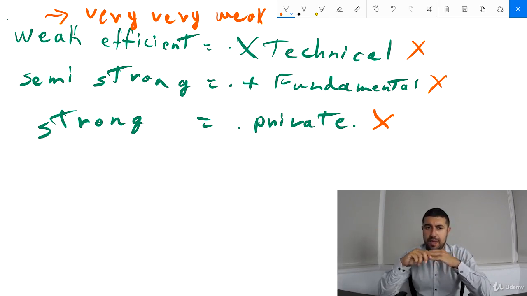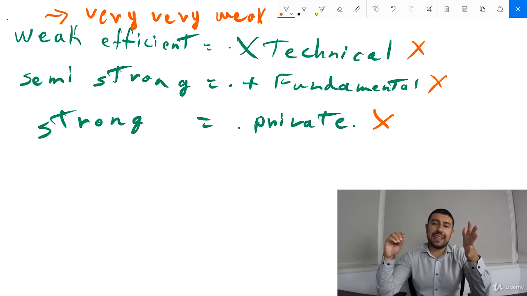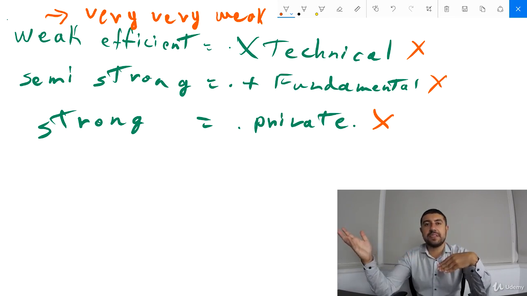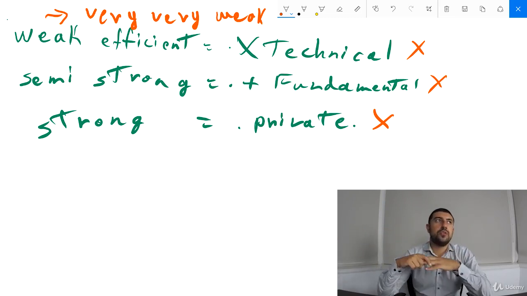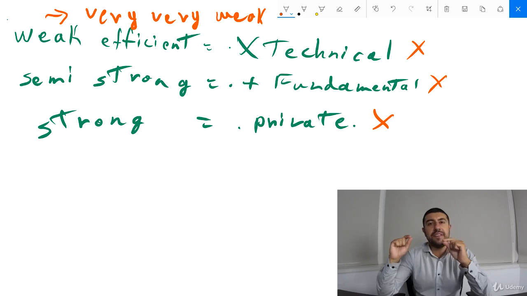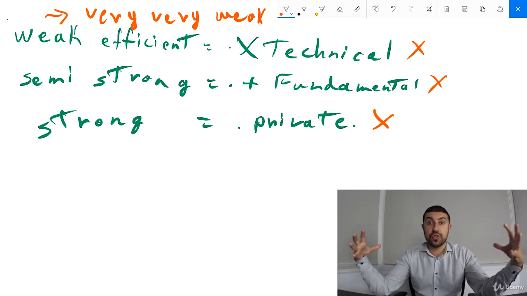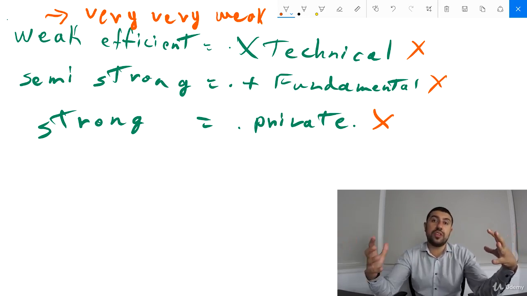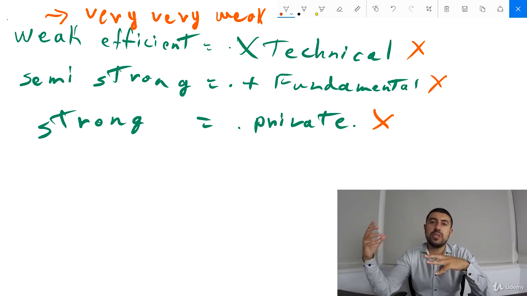Now, if you're looking at stocks, the stocks aren't as big as the FX market, right? The FX market in one day trades more money than the whole US stock market is worth, all of it together. So the amount of money that goes in the foreign exchange market is huge compared to the stock market.